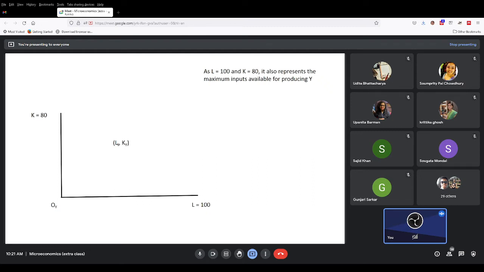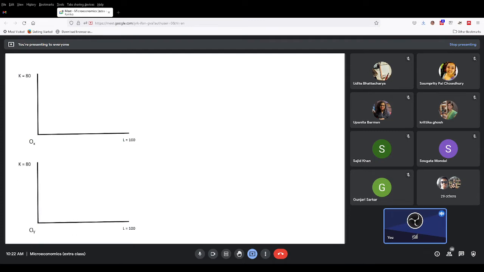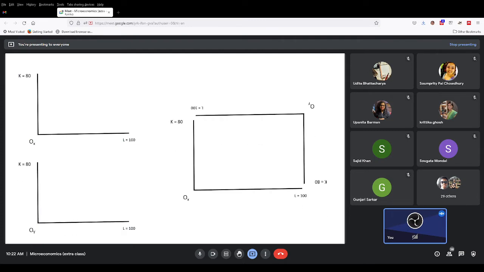So over here, what was the point that I was going to make? Well, over here we are showing how much of Y we are producing, right? And now we are bringing together the two boxes.